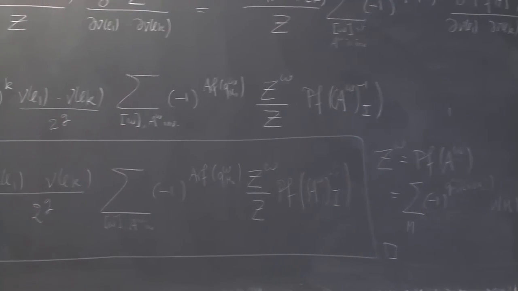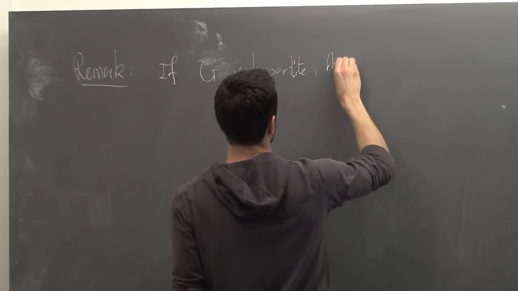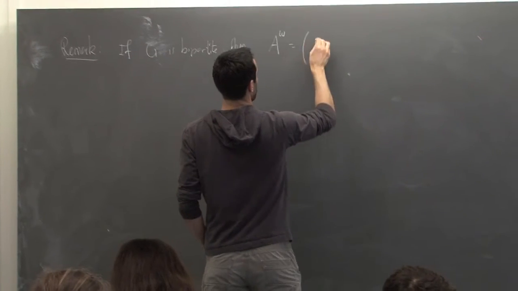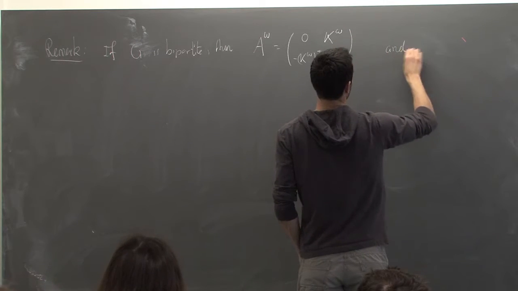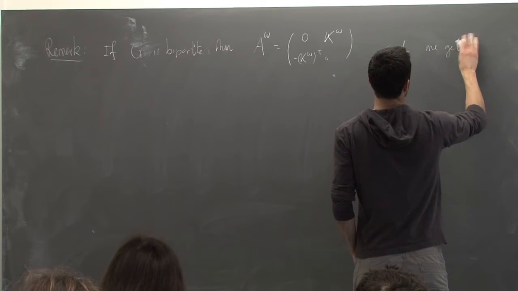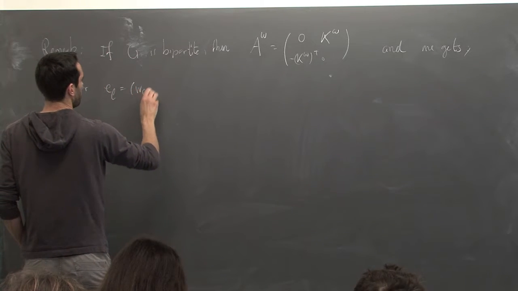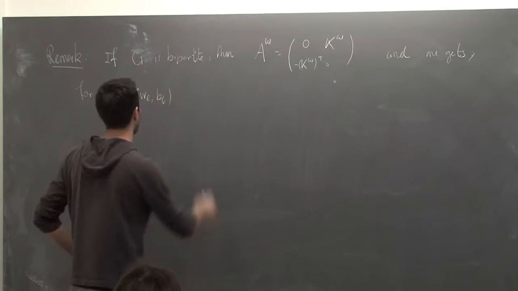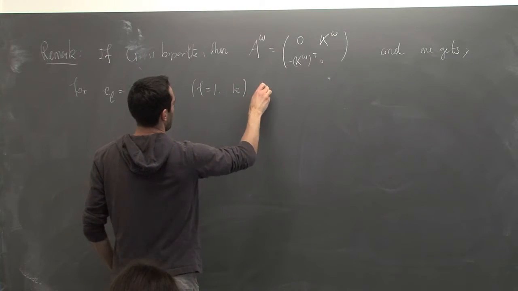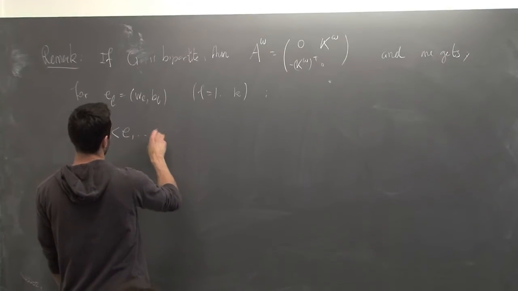So maybe just first a remark: if G is bipartite, then A omega has the form, and one gets, for E_l being the edge from the white vertex W_l to the black vertex B_l, basically the same formula but with Pfaffians replaced by determinants. So I will just write it.